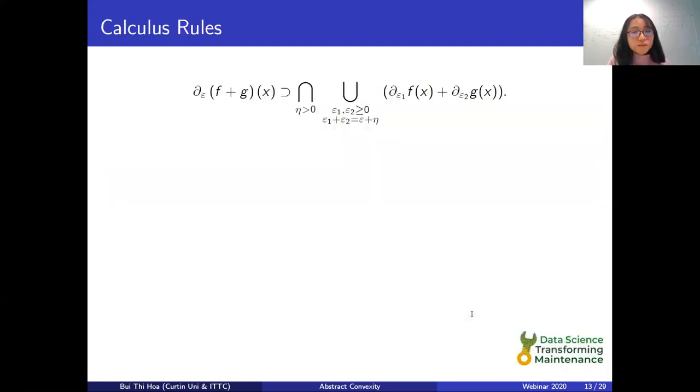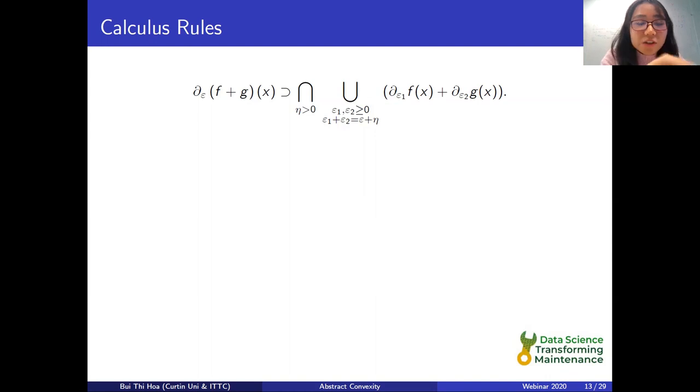Anyway, we move to another section, which is the calculus rules, because we need some rules to calculate the subdifferential. The calculus rule I'm considering here is the sum rule, which plays a key role in convex analysis.